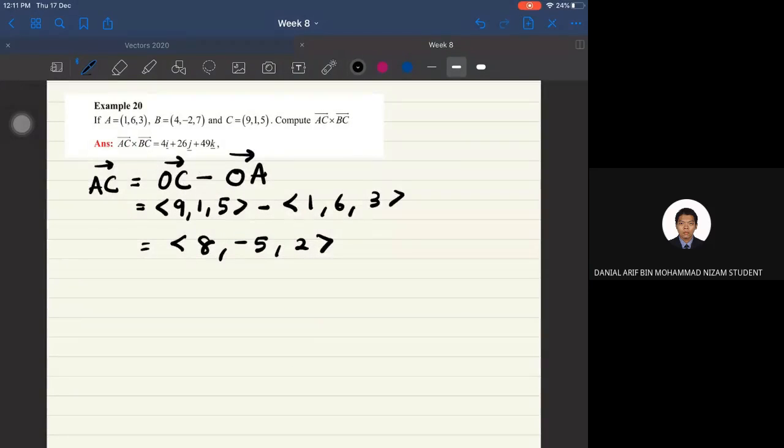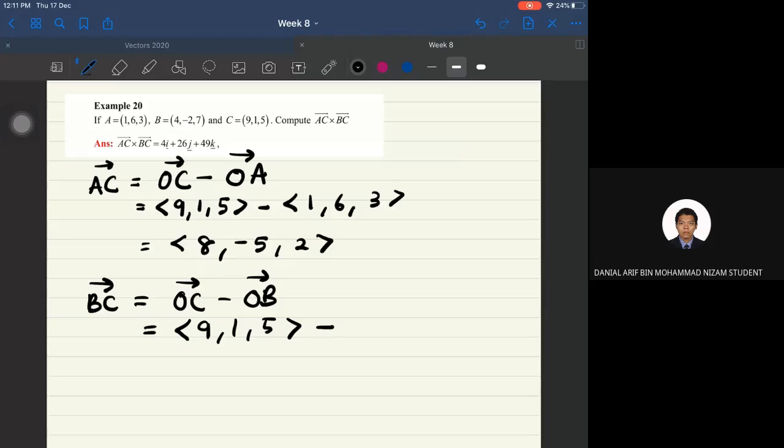So next you need to find your BC. So your BC is equals to OC minus OB. So you will have 9, 1, 5 tolak, what is your OB? 4, negatif 2, 7.